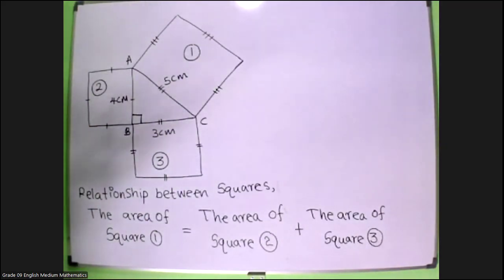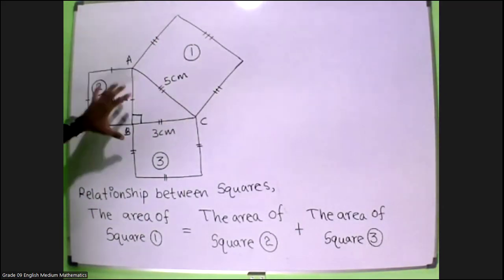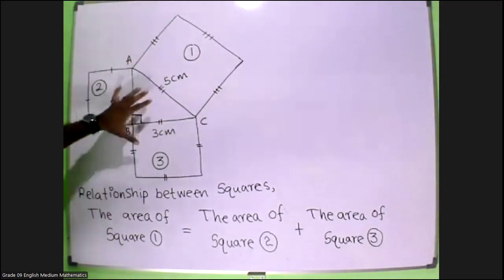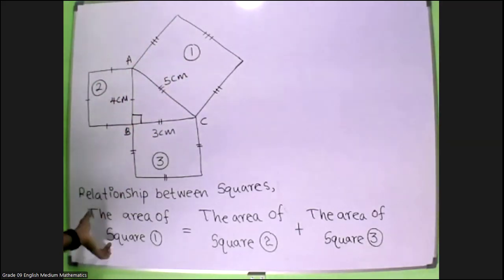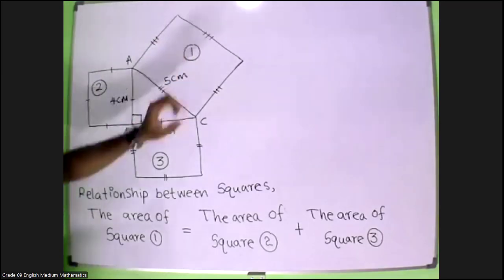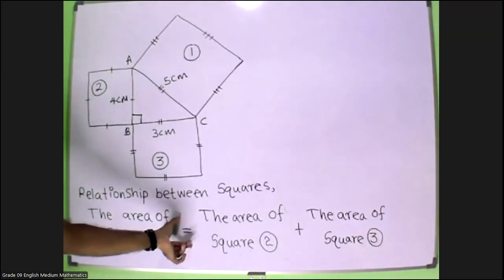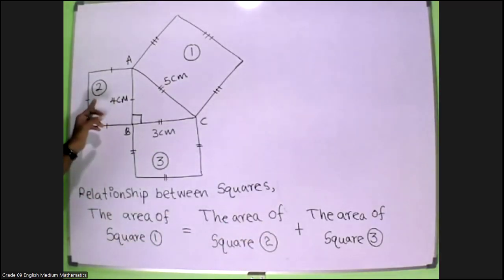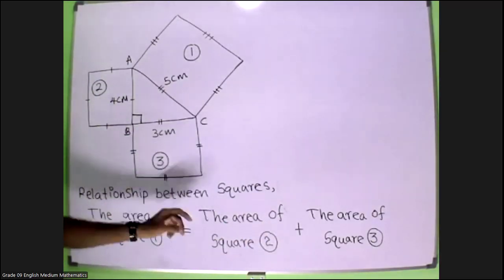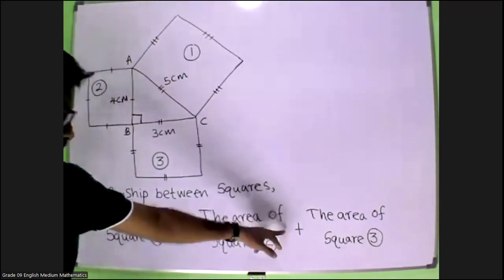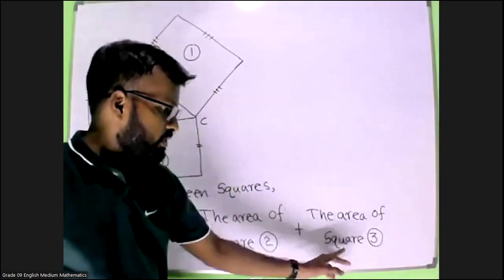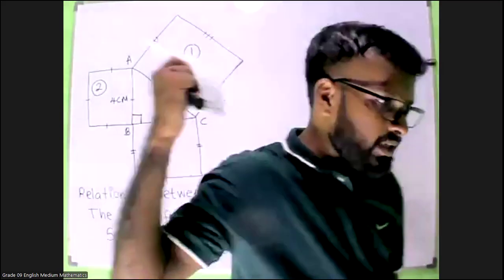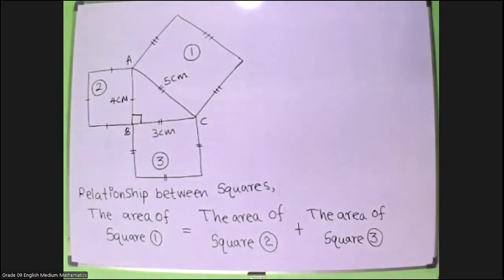So this is the relationship among these three squares. The area of square number one equals the summation of square number two and square number three. That means the area of square number two plus the area of square number three. Guys, please write this and let me know.